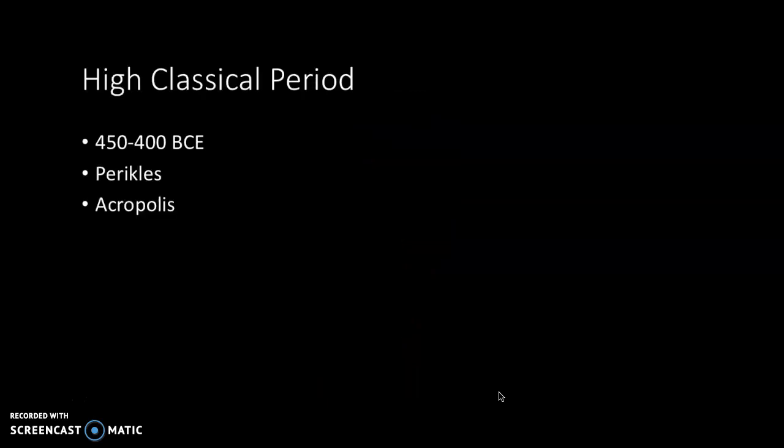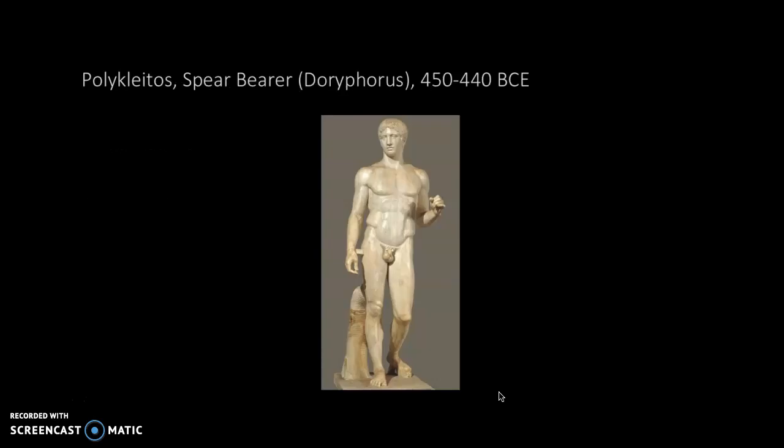And that is also reflected in the high classical period sculpture of the spear bearer. And if you're thinking, I feel like I've seen that name Polykleitos before, it's because the spear bearer is the model for the Augustus of Prima Porta, the Roman portrait of the first emperor that we looked at in our previous unit on art and power.